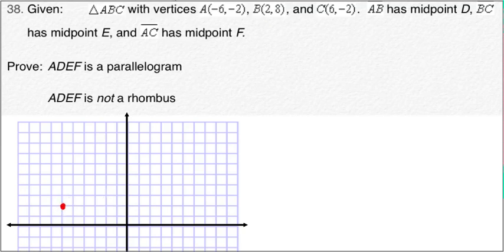B is negative 6, negative 2. Then 2, 8. And 6, negative 2.